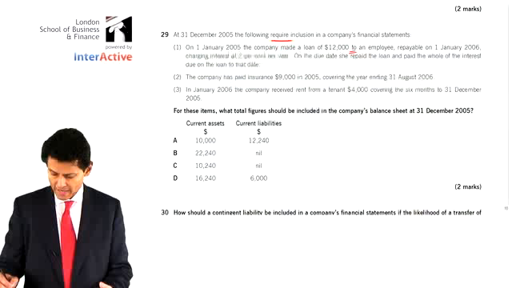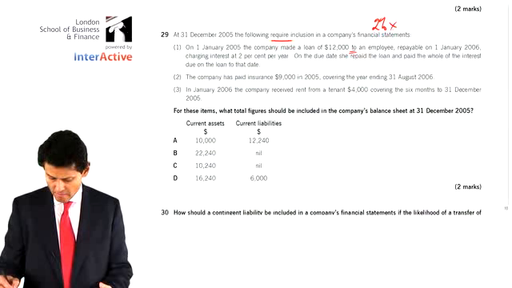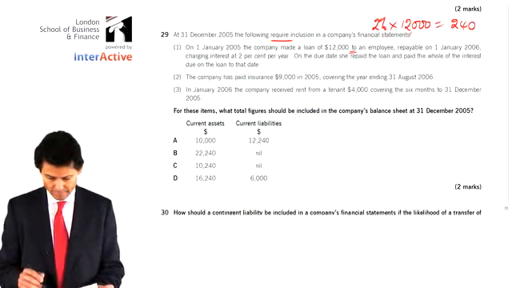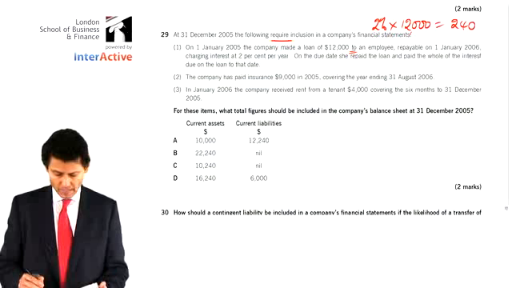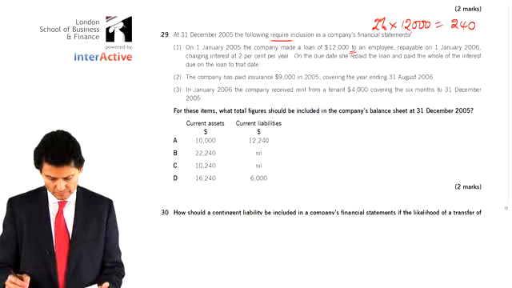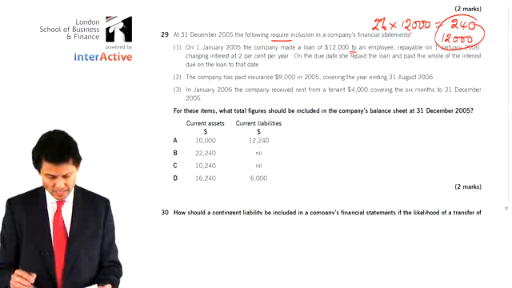So I'm thinking 2% multiplied by 12,000, which is obviously 240, plus the 12,000. She pays us the 240 plus the 12,000, so the company's happy with that.